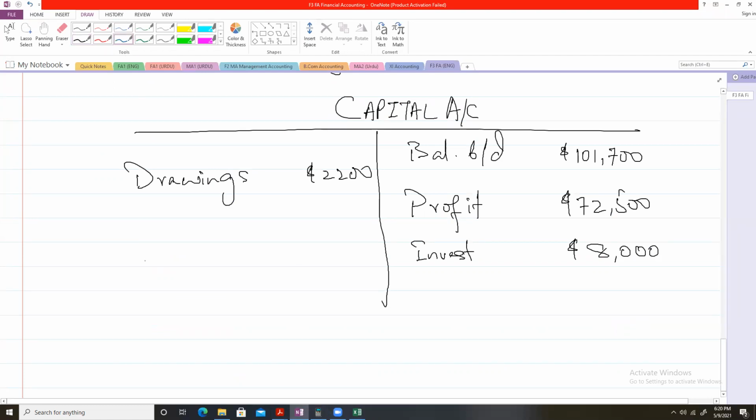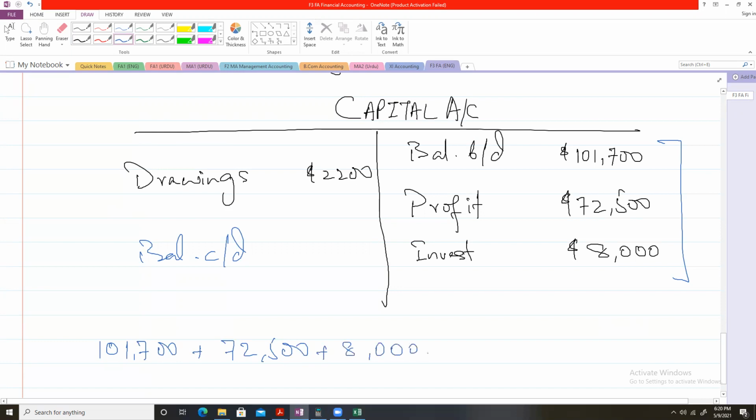This is so easy. Simply add these three, and subtract drawings from the sum of opening balance, profit, and investment to get the closing balance.